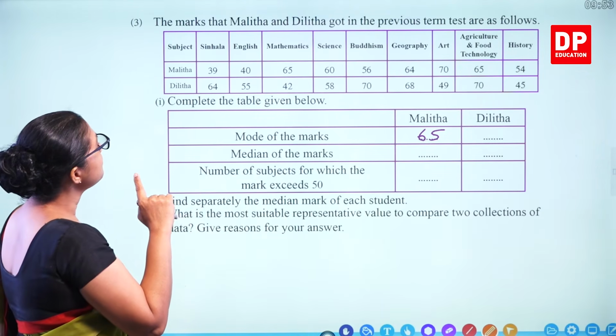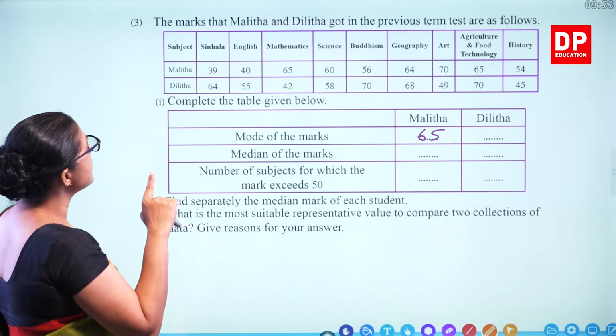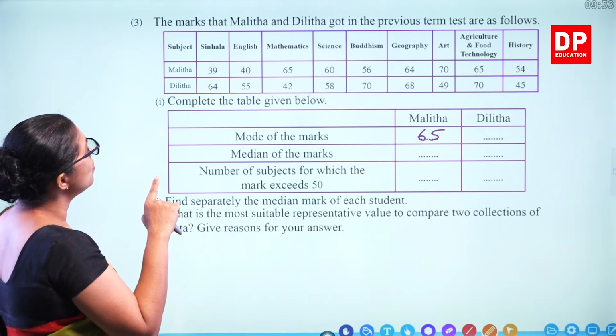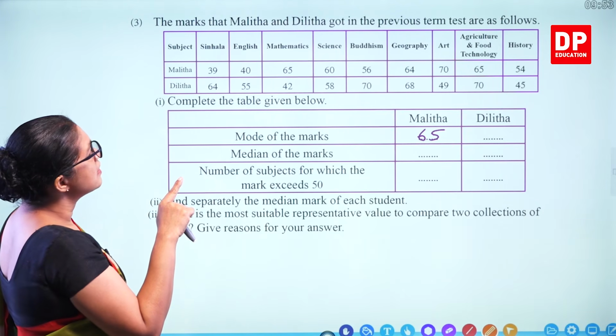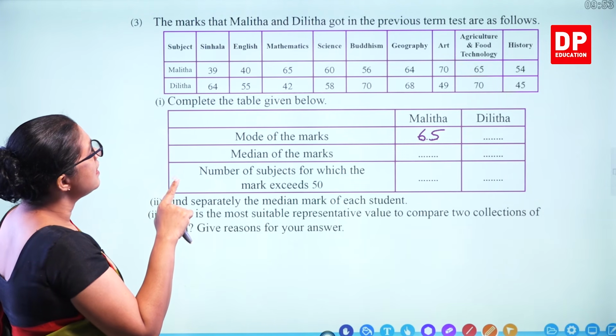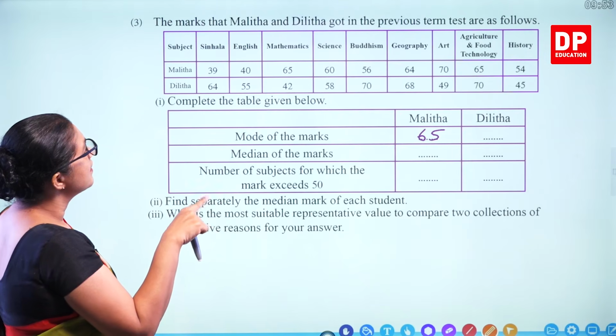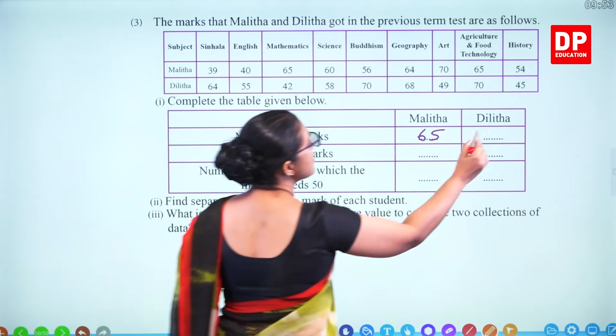Dilitha: look carefully and see 55, 42, 58, 70, 70 twice. So that's 70 here.